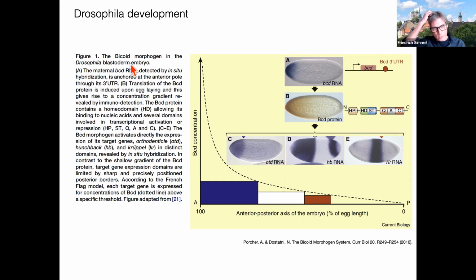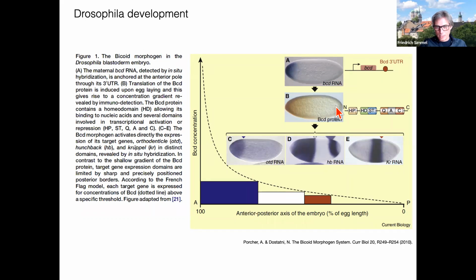So in the very beginning of the development of Drosophila, there's an mRNA molecule deposited at one of the poles of the embryo. That's the bicoid mRNA, and it's attached to the pole and translated at that point, and that translation generates the bicoid protein, which then generates a gradient of the bicoid protein inside of the embryo.